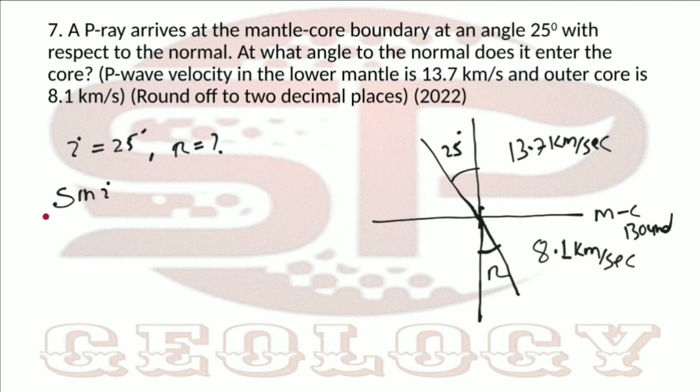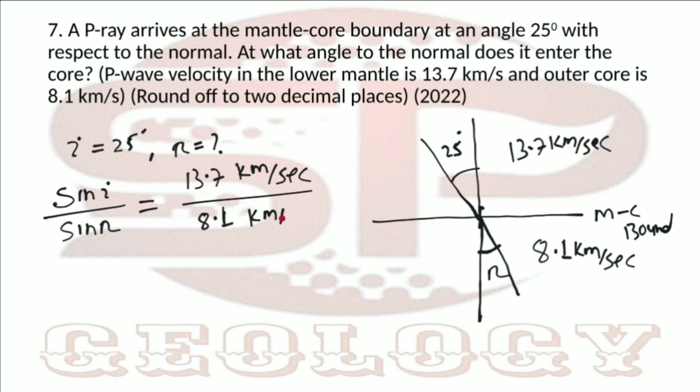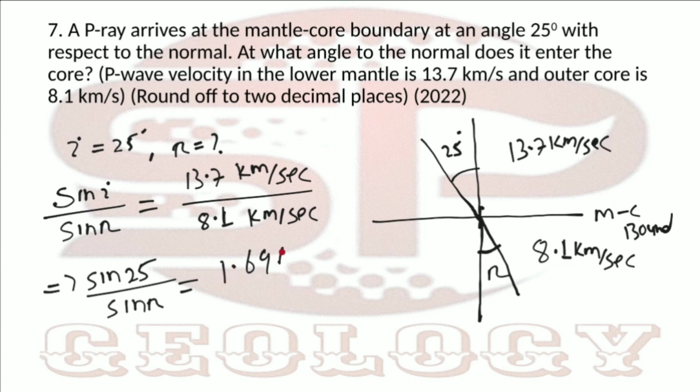So sin i by sin r will be equal to v1 by v2, 13.7 kilometer per second divided by 8.1 kilometer per second. So sin 25 divided by sin r will be approximately 1.6913.